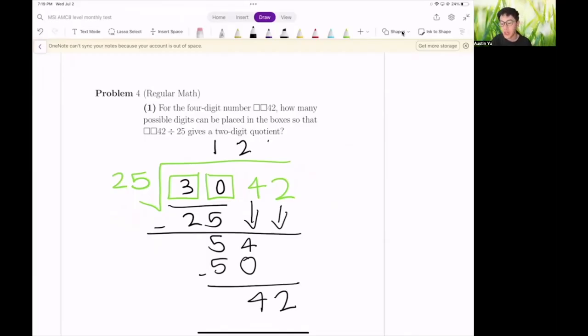Well, one time. So it doesn't matter what the remainder is. We have already reached over a 2-digit quotient. This is now a 3-digit quotient, right? Because the whole number quotient of 3042 divided by 25 is 121. So that doesn't work. So we know that the number in the leftmost hand side of this unknown 4-digit number must be 2 or 1.